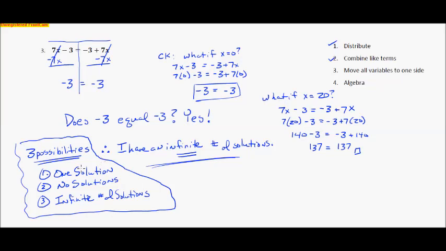Is there one solution? Is there no solution? Is there an infinite number of solutions? So there's your 3 different possibilities. We can take different kinds of equations, simply solve for x like we normally do, see what we get, and classify them according to this.